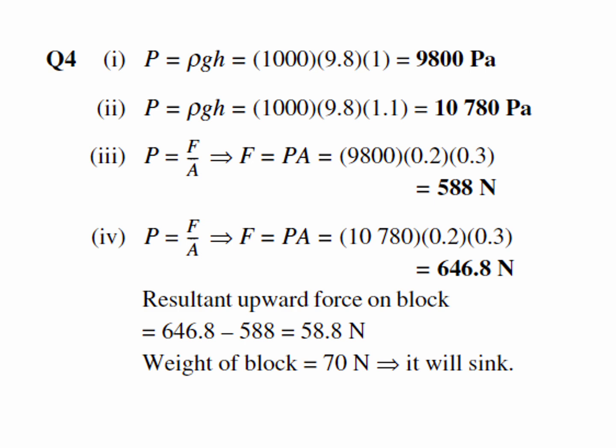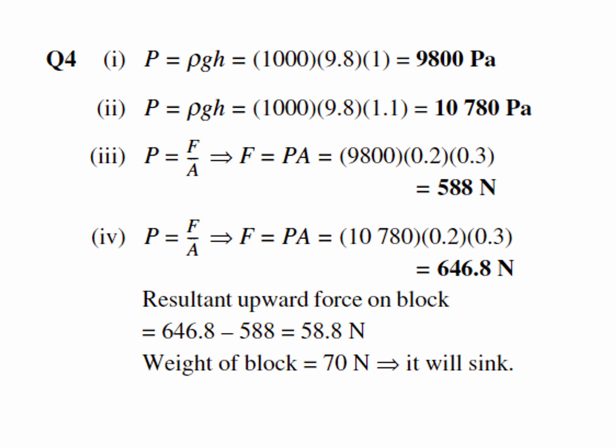So your 20 centimeters by 30 centimeters for your area, you had to have them in standard units of meters, 0.2 by 0.3, and taking the values for the pressure in pascals that we had worked out in the 2 previous parts. Multiplying by that, we saw a greater force of 646.8 newtons on that lower surface, because greater force there, greater pressure at a greater depth.